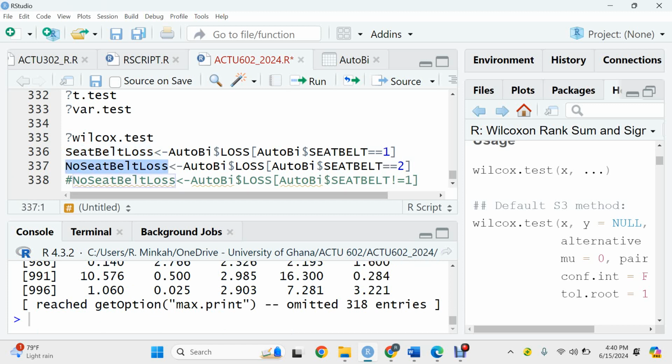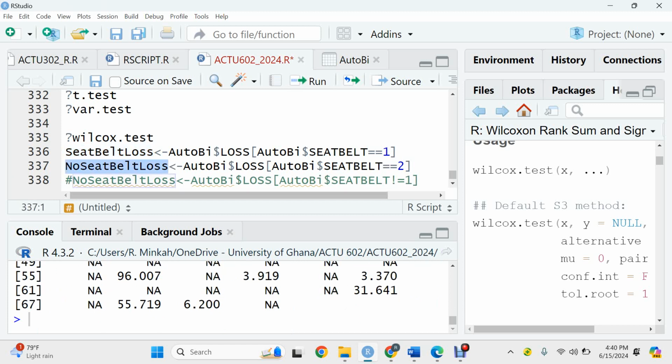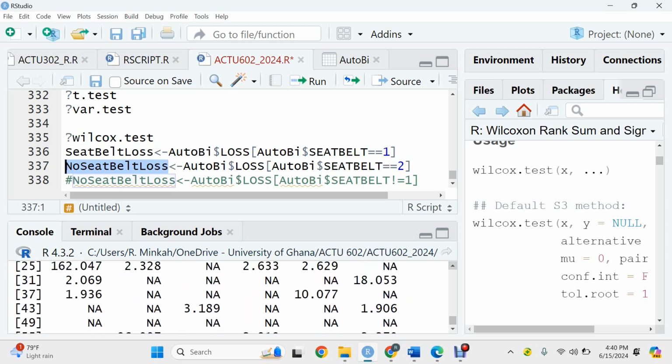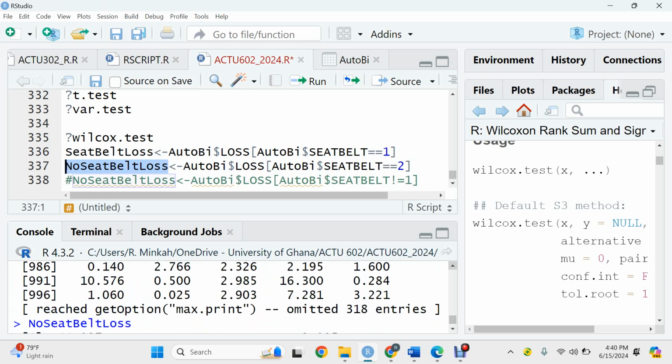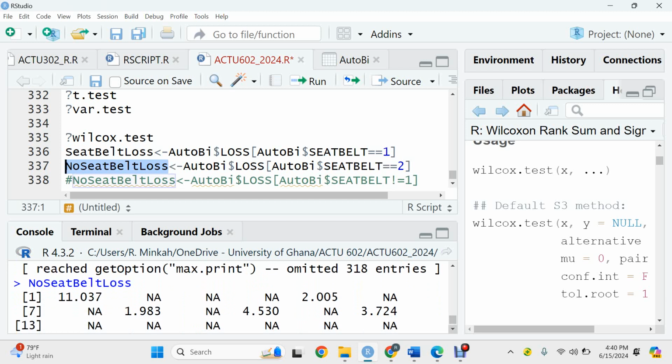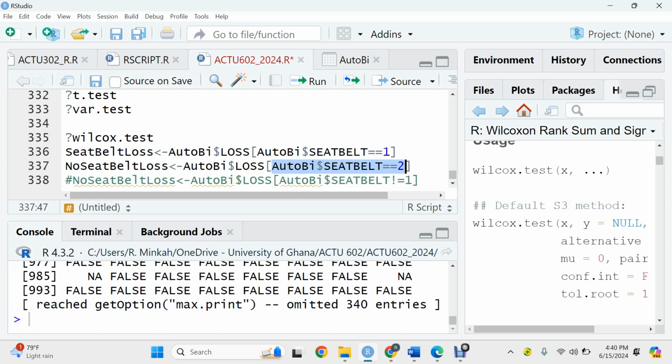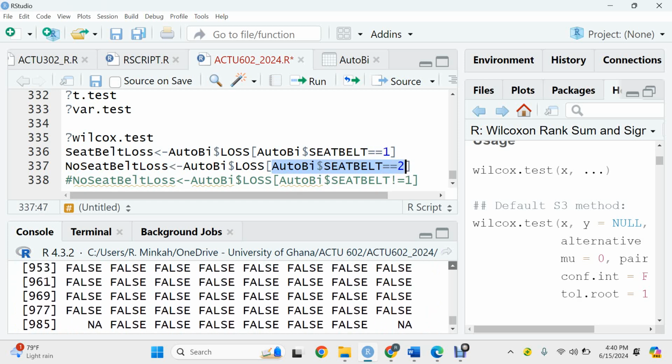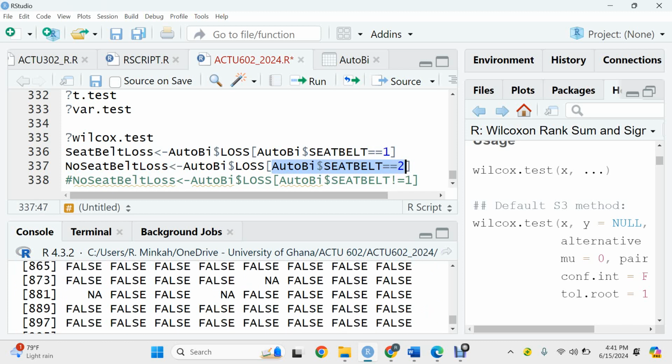Those not wearing seatbelt, that's their data. Not wearing seatbelt, equal to 2. Auto BI equal to 2. Okay, so there are not many at all. Just a few. Okay. So what do I do now?